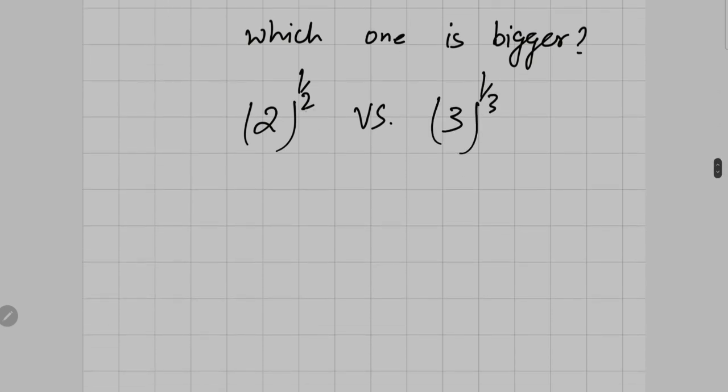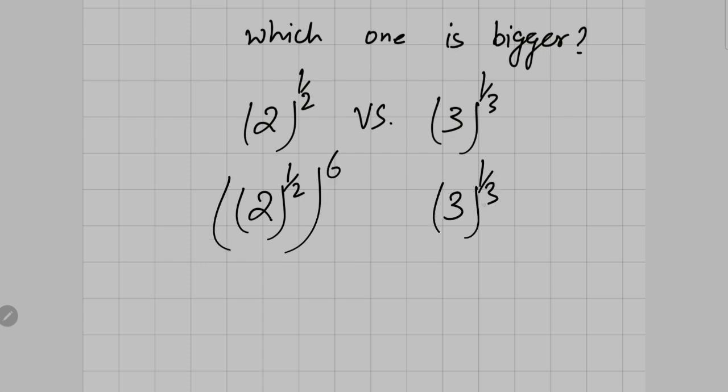We know the LCM, least common multiple, of 2 and 3 is 6. So 2 to the power 1 half, to the power 6, and 3 to the power 1 third, to the power 6.